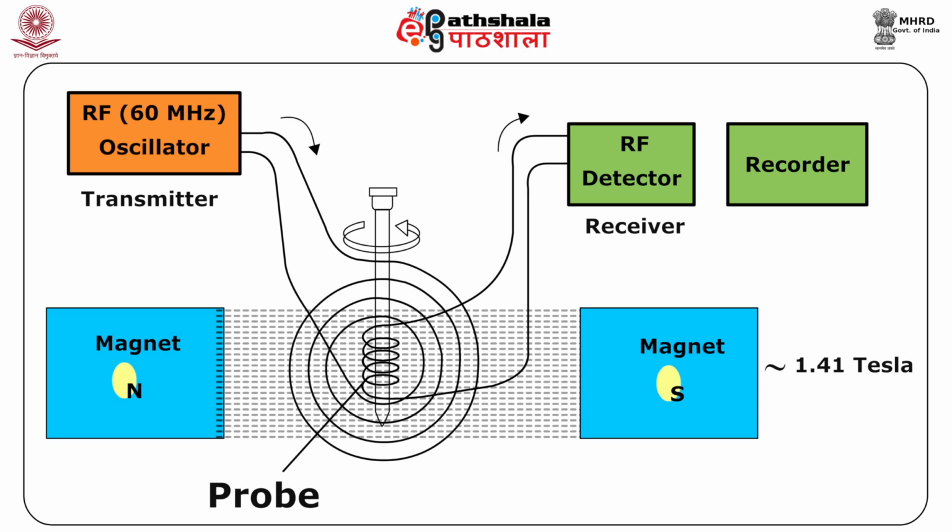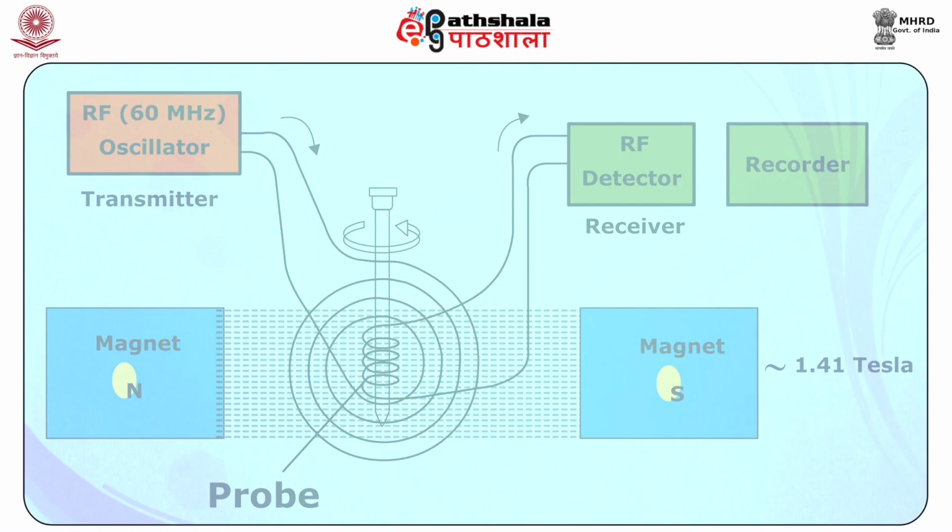When a nucleus absorbs RF radiation, reorientation of the nuclear spins takes place. The excited nucleus, when it comes to the ground state, re-emits the RF radiation in a direction that can be received by the pickup coil, and the instrument responds by recording it as a signal or a peak. This detail is shown clearly in the figure.